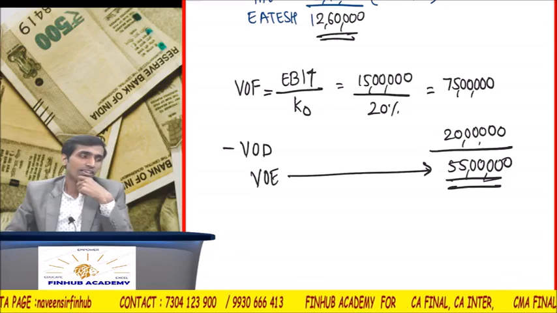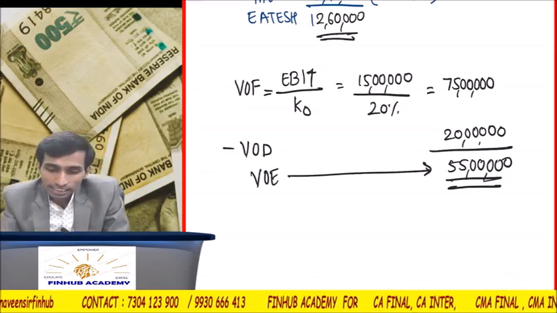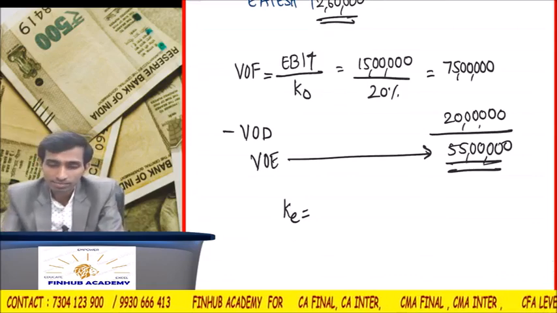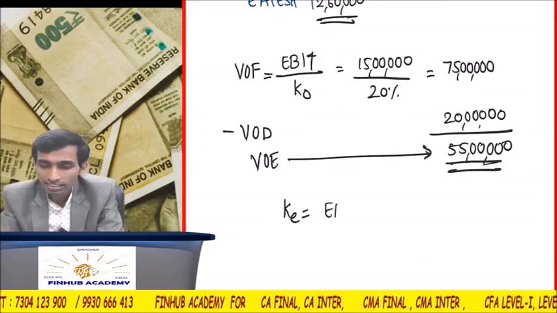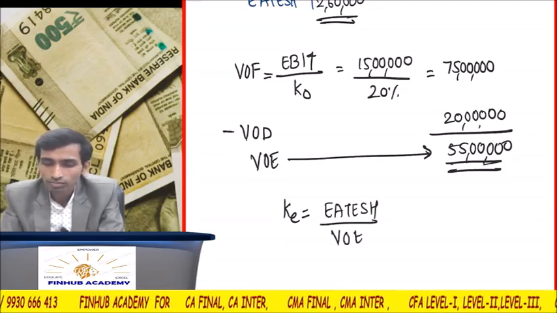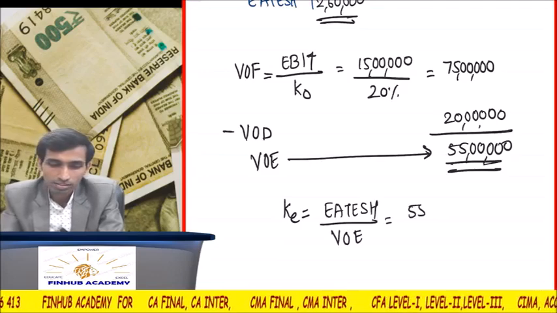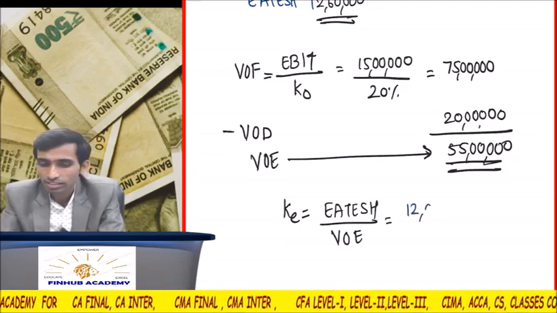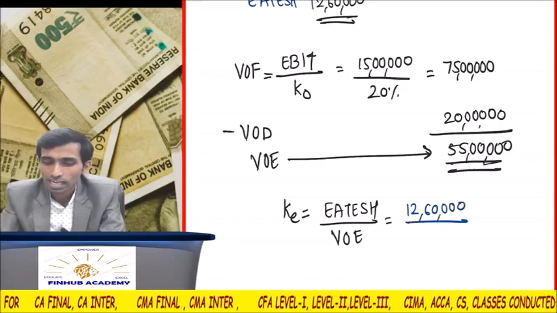Can I calculate KE? Yes. What is the formula? Earnings for equity divided by value of equity. Earnings are 12,60,000, divided by the value of equity. Why am I calculating this?